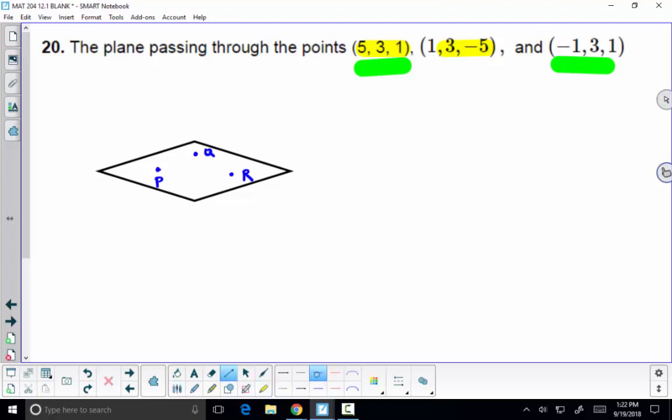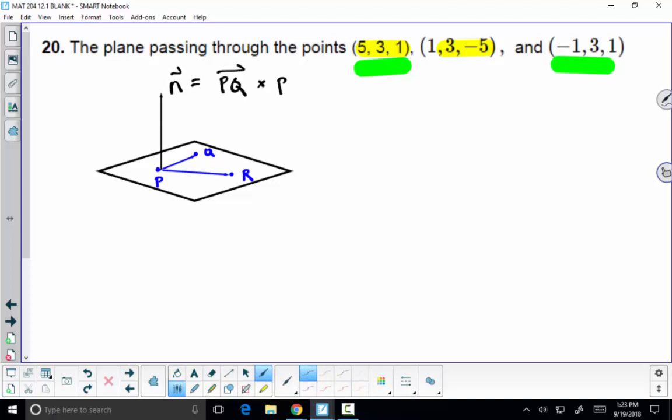So in our mind, we are imagining that scenario, and our normal vector is going to be the cross product of those 2 vectors. So that normal vector N is going to be PQ cross PR. Does it matter which way you do the cross product?